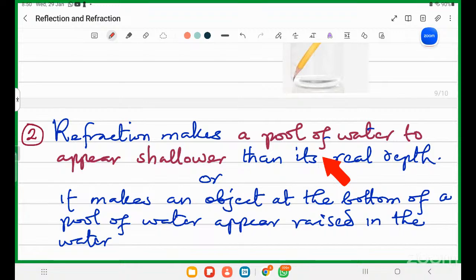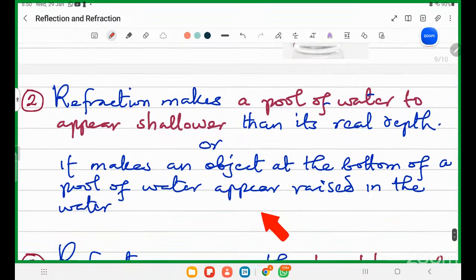The shallow apparent view of it is just a fake, but the real depth goes deep down. So it makes an object at the bottom of the pool appear raised in the water. If a coin is thrown into clear water, it will appear as though the coin is closer to the surface.